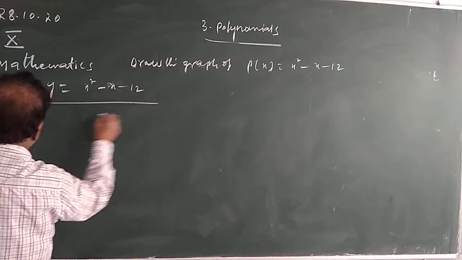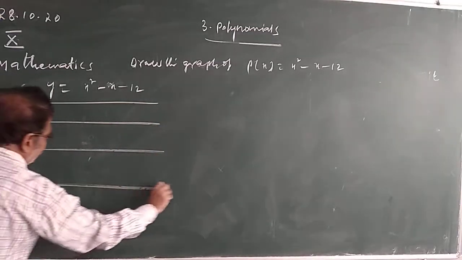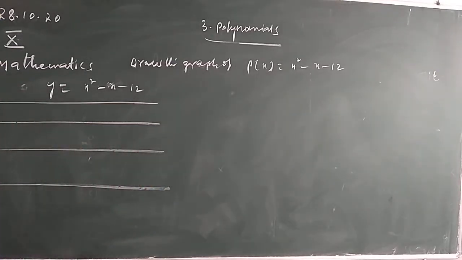You take the table. You take x values, positive values and negative values, an equal number of positive and negative values. You substitute in that.